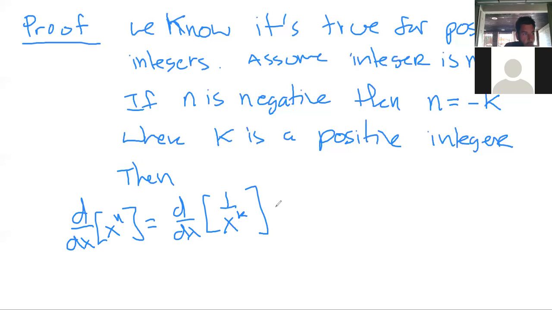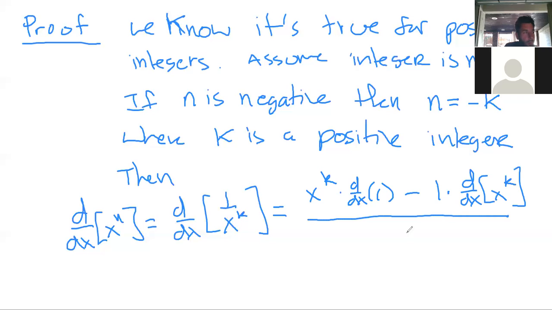Which by the quotient rule is the bottom times the derivative of the top, which is just going to be 0, minus the top times the derivative of the bottom, all over the bottom squared. But when you compute this derivative, what you get upstairs is minus kx to the k minus 1 over x to the 2k, using properties of exponents.